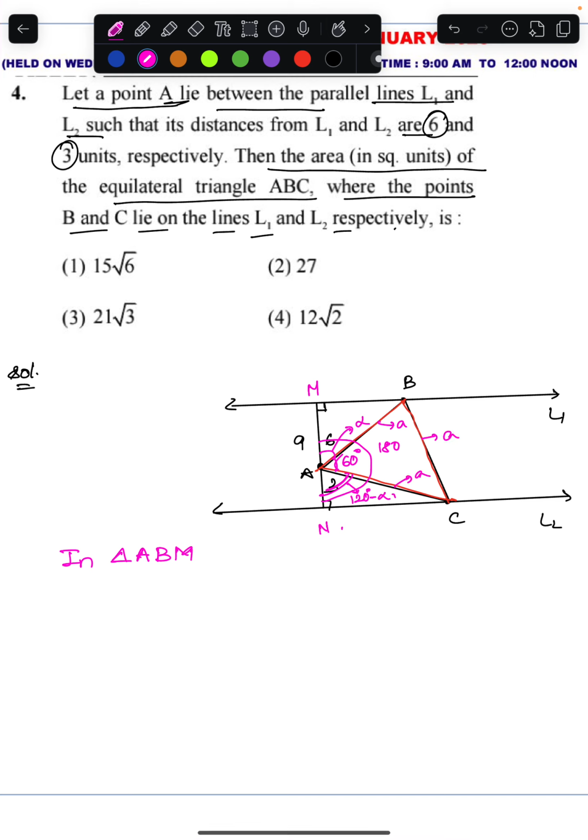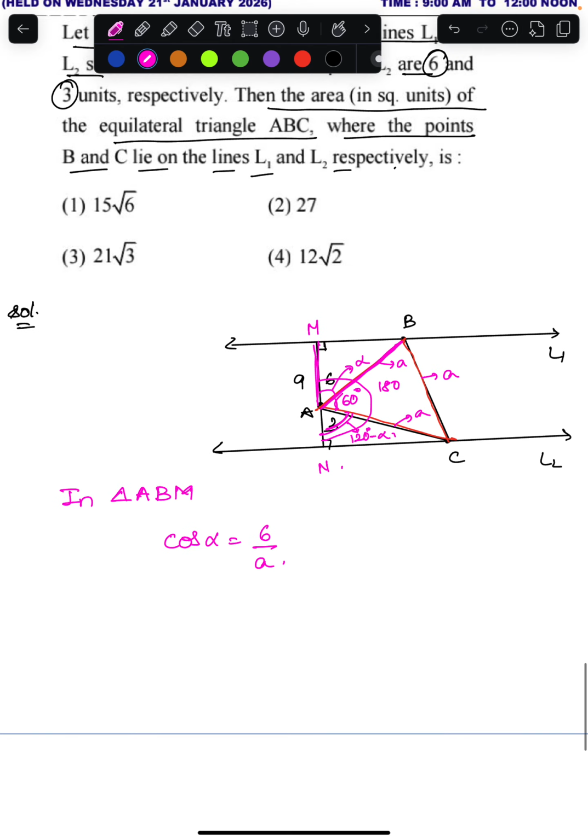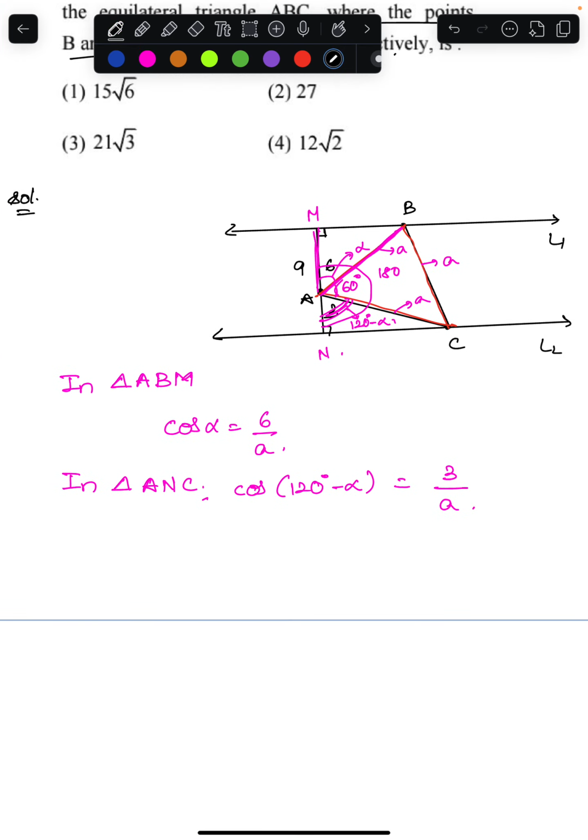So in triangle ABM, cos alpha equals, this is the hypotenuse and this is the adjacent side, so that is 6 by a. Similarly in triangle ANC, the angle is not alpha, it is 120 minus alpha. So cos of 120 minus alpha equals 3 by a. Now using these two equations we can solve the question.